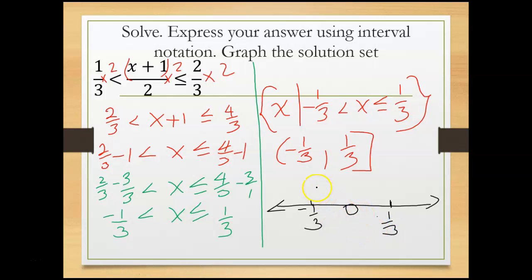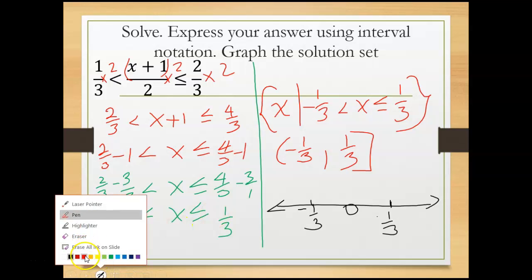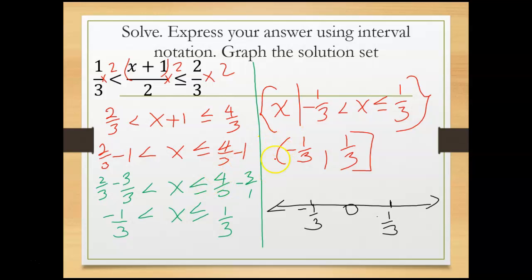So just show that enough, and then we're going to graph it, just like the way we did it here. It's open on the negative 1/3 and it's closed on 1/3. Sorry, this has to be on the line. Okay, and then x is anywhere in that space, including 1/3. Okay, that's it. So you need to know all the ways of representing it and then graphing it.